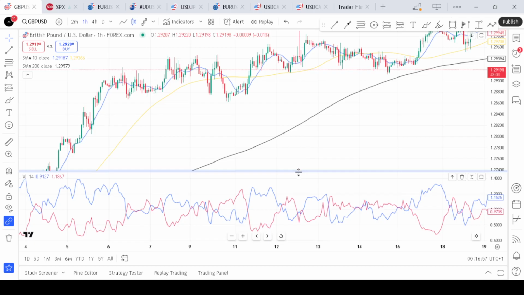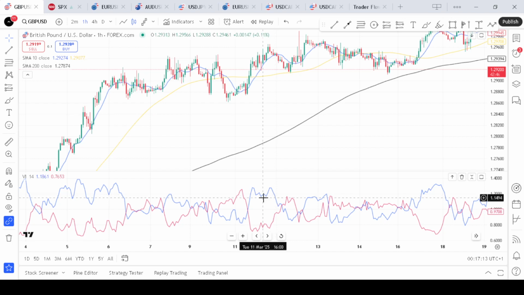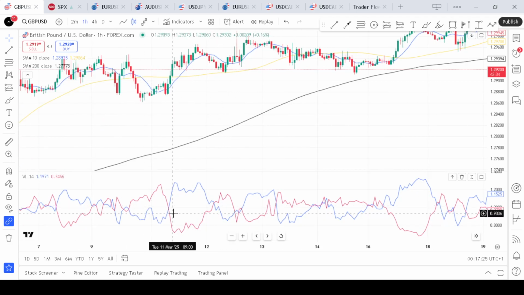Your primary signal occurs when the positive vortex line, which is this blue line, crosses above the negative vortex line. This indicates a bullish trend. However, to increase the probability of a successful trade, you have to wait for confirmation from the moving averages.